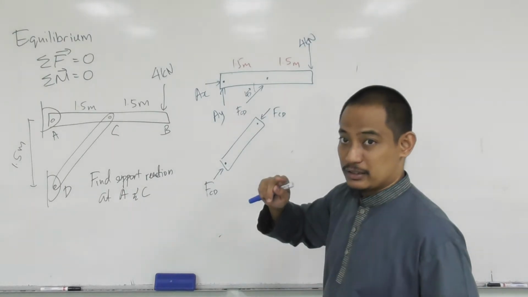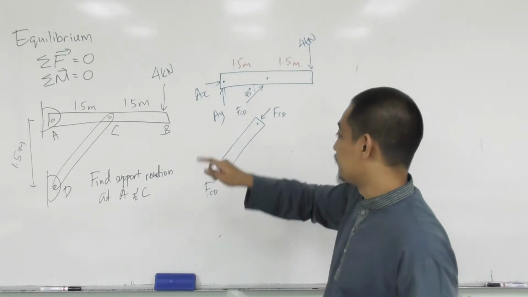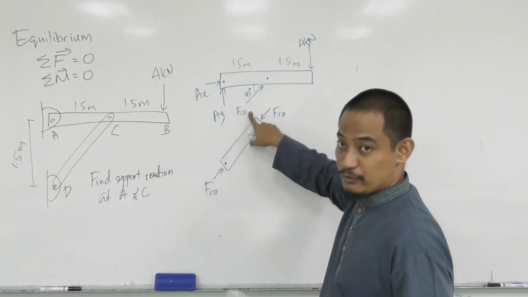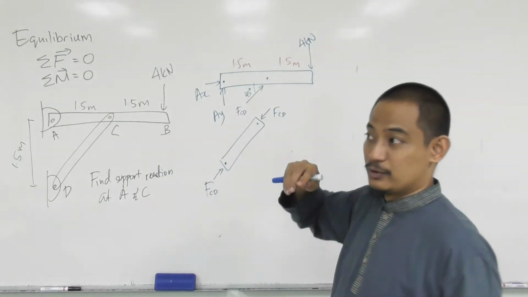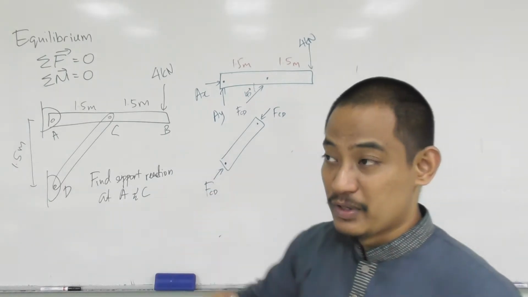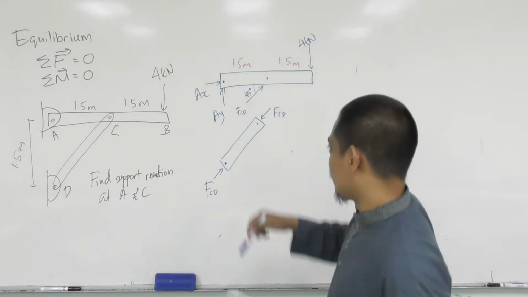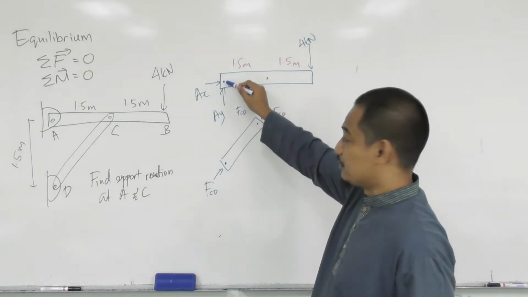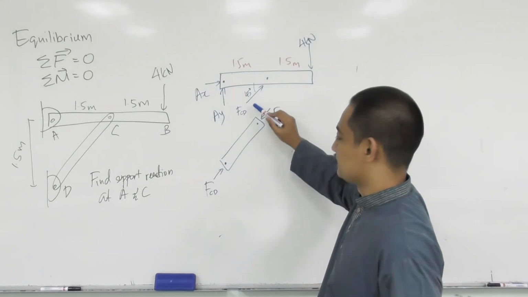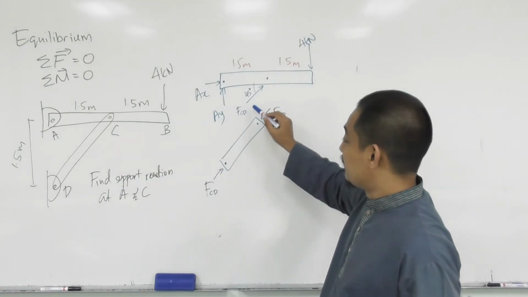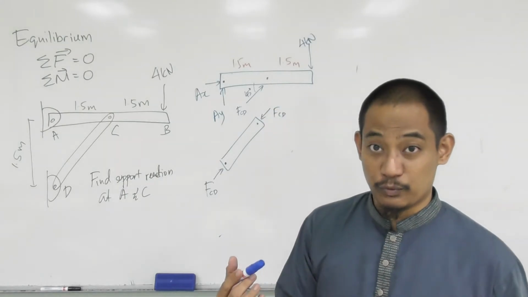Similarly, if you use summation of fy, this is the y component and this also has a y component, so you have two unknowns for that equation also. If you start with summation of moment and you take moment about point A, then this one will not have any moment, and this is the only one having moment. Hence, you can solve that equation straight away, right?